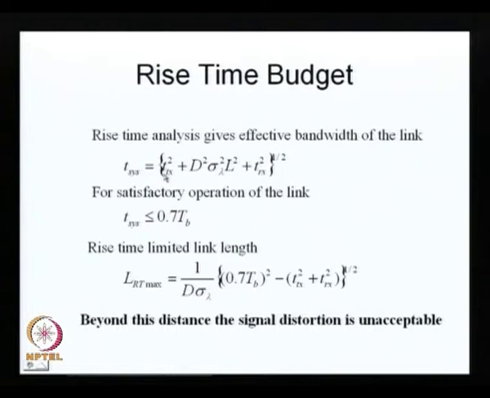This is equal to the square root of the sum of the squares of the transmitter rise time, the rise time associated with the dispersion, and the rise time associated with the receiver. D is the dispersion parameter of the optical fiber, sigma lambda is the spectral width of the source, the laser or the LED used for the transmitter, and L is the length of the optical link.